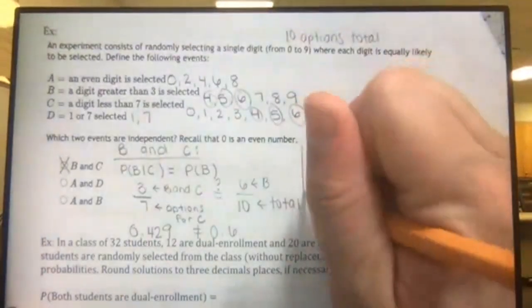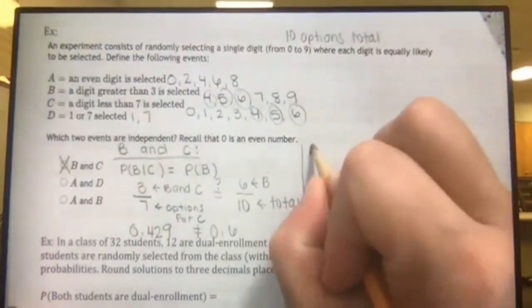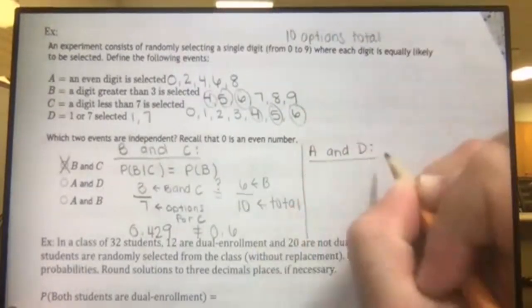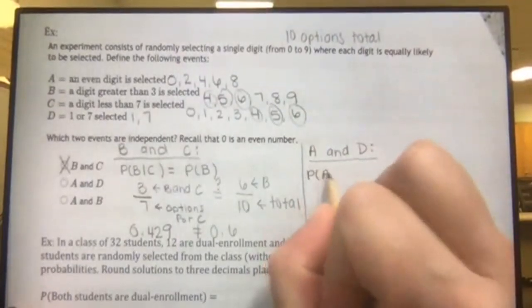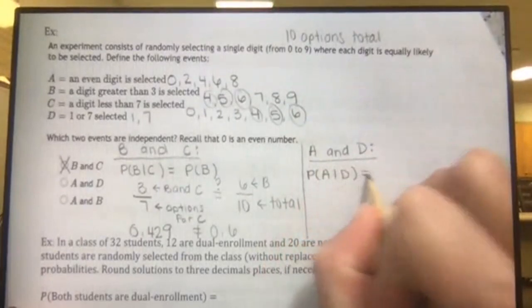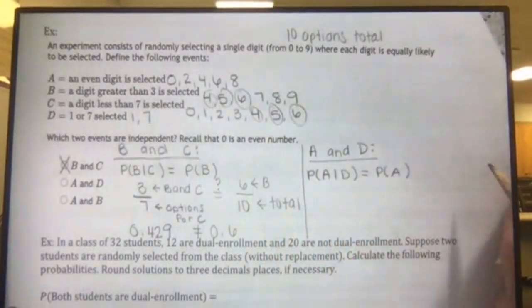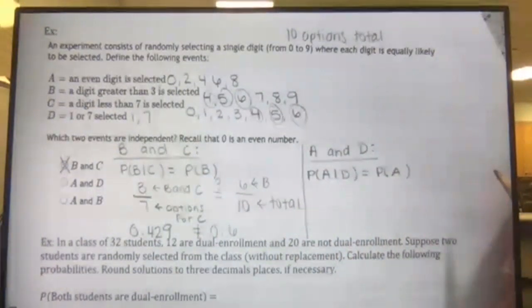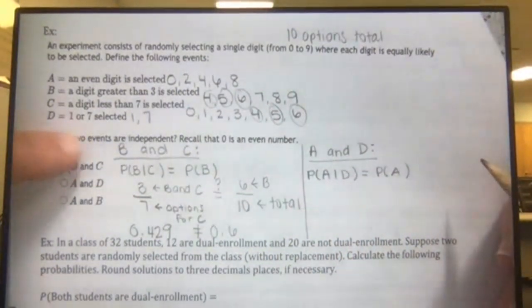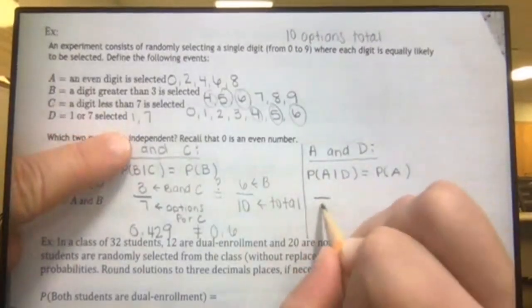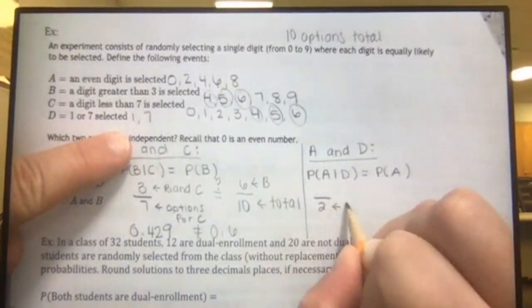We're going to do the same concept for A and D. So probability of A given D has to equal the probability of A. If we're looking at our options for D, in D we have two options, 1 and 7.